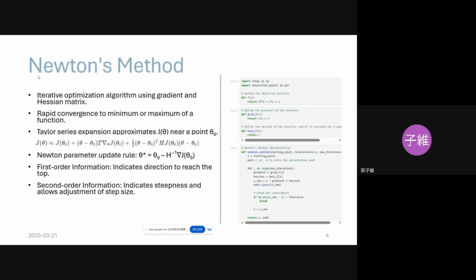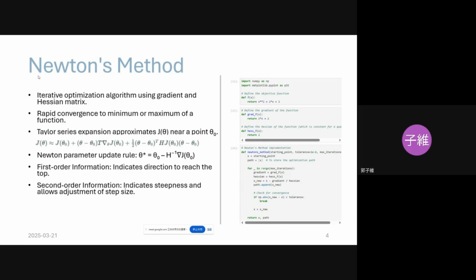So the first thing is Newton's method. We need to compute the gradient and the Hessian matrix to calculate the optimal point. And this method can provide rapid convergence to the minimum or maximum of a function.